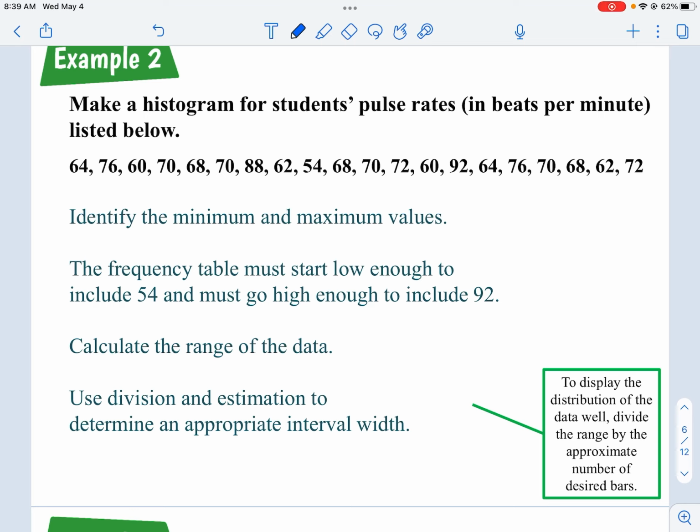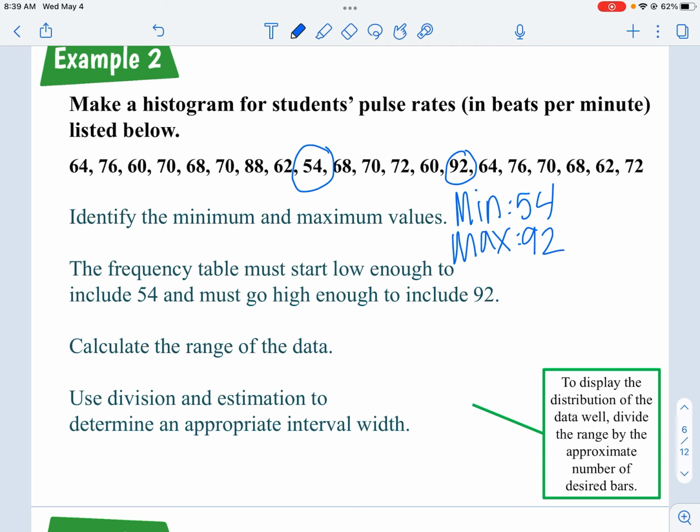So, I believe my minimum is 54, because it's the smallest. And then my maximum is 92. Okay, so I'm going to write minimum is 54, maximum is 92.